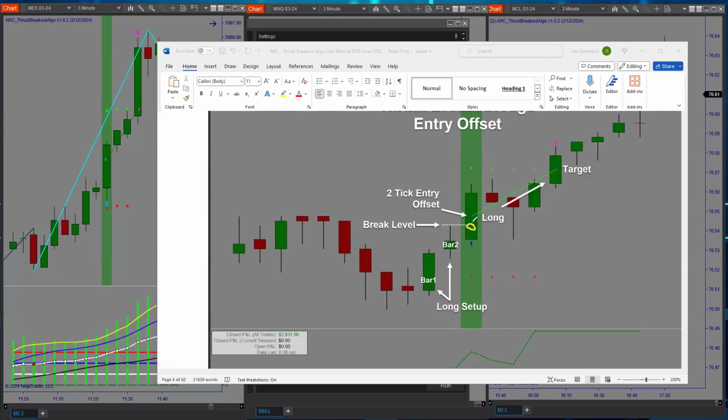You can set it to 0 ticks, meaning as soon as the market touches the top, in this case long, the top of that wick, it's going to enter a trade. Or you can set it to 2 ticks, for example, and this would mean that it has to go 2 ticks beyond the high in order to engage the trade. So as soon as price hits that number, it enters a trade.